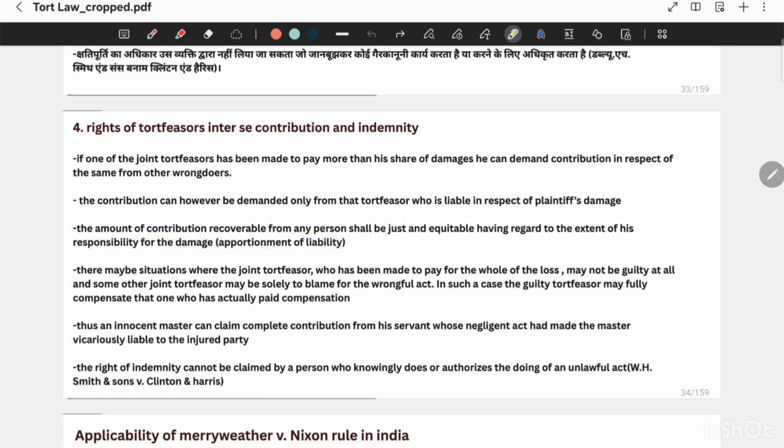Apportionment of liability. There may be situations where the joint tortfeasor who has been made to pay for the whole of the loss may not be guilty at all, and some other joint tortfeasor may be solely to blame for the wrongful act. In such a case, the guilty tortfeasor may fully compensate the one who has actually paid compensation.